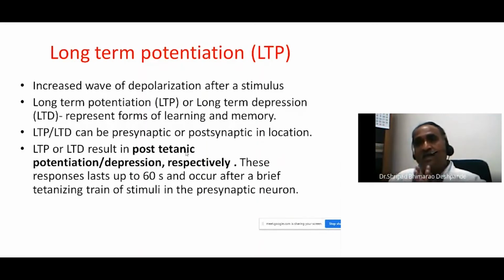Tetanic stimulation means stimulating with a greater frequency, that is a tetanus. In this event, there will be a greater response in LTP, that is post-tetanic potentiation. Or in case of LTD, there is a suppression of the post-tetanic potentiation. These responses last for a minute, sometimes even longer, 60 seconds or more.